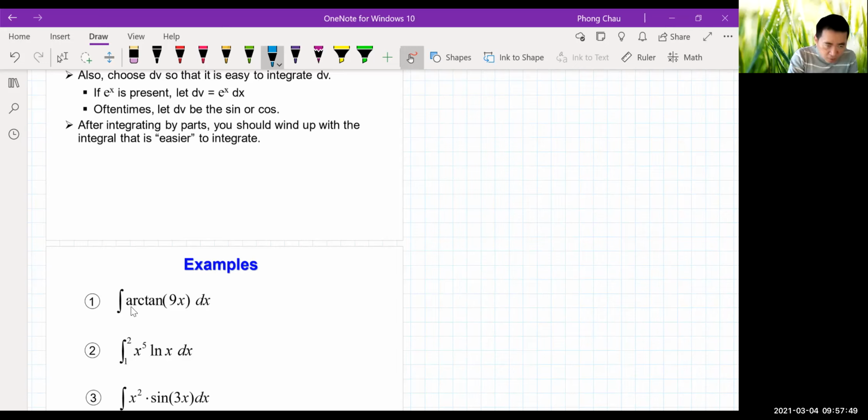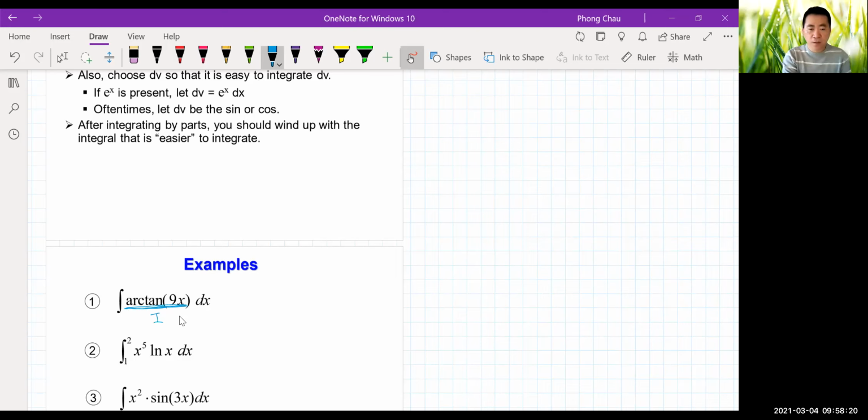Notice this is the arctangent of 9x, so 9x is an argument inside the arctangent. It's not that arctangent and 9x are two parts. It's one function.